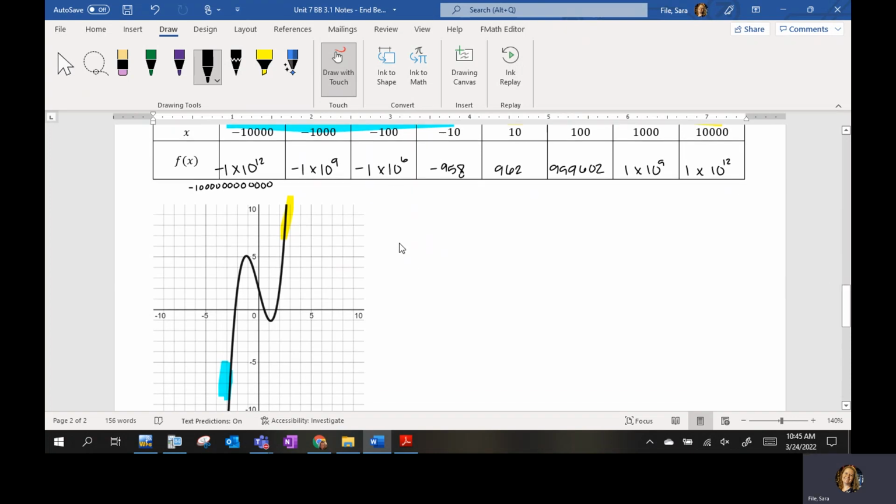Okay, we want to write the limits, the end behavior, in limit form. So the limit as x approaches negative infinity. Is this the left or the right? Left, because x approaches negative infinity. So the left side limit is what? What's it going toward?